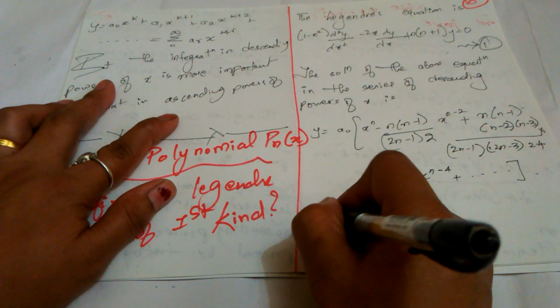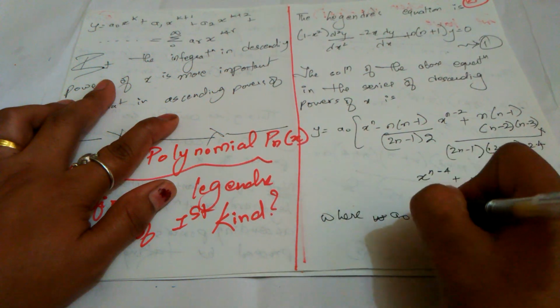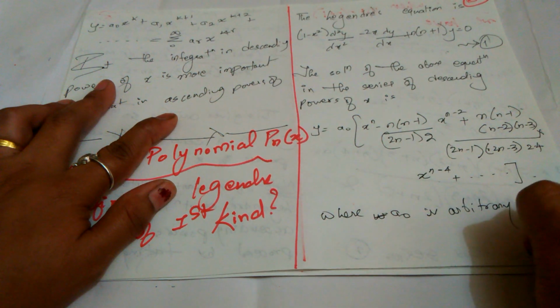Okay. As we know, the value of a naught is some arbitrary constant.